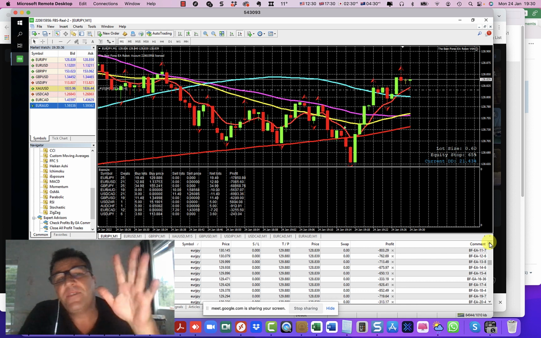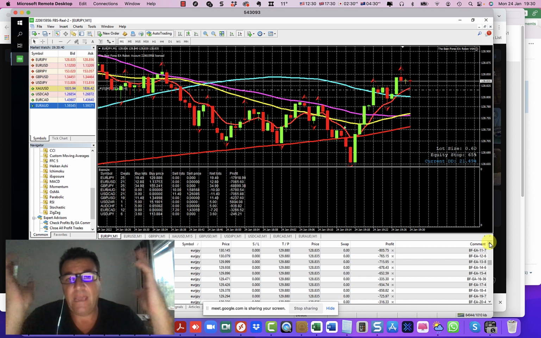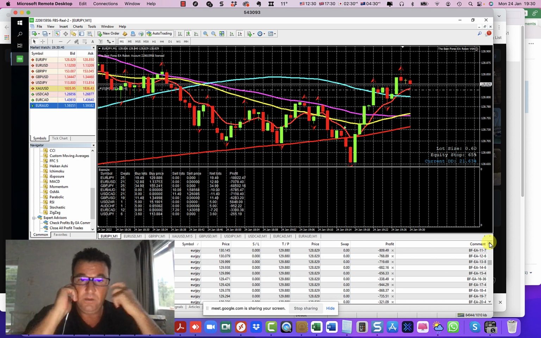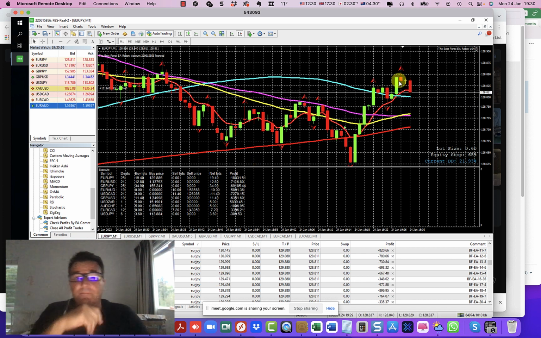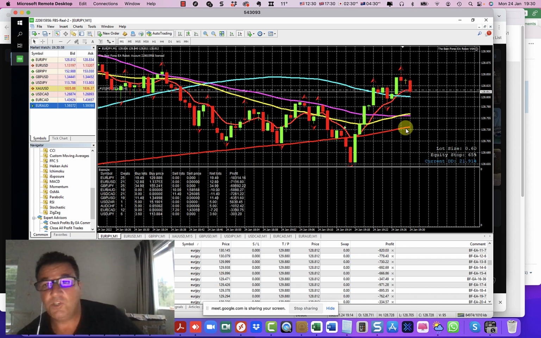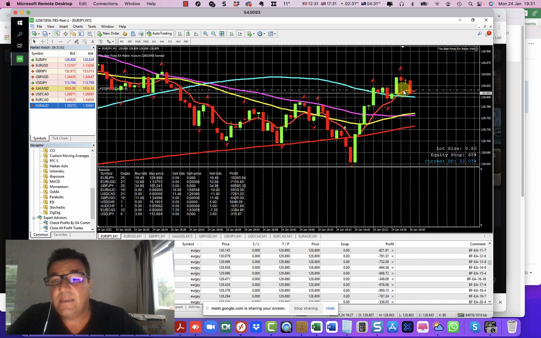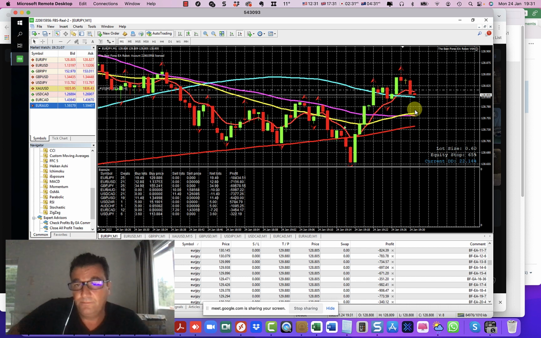Hypothetically, okay, it goes south. Let me show you a trick. How do you work out what your risk is? Let's say this is a 4-hour chart, and the second candle opens below the 8 EMA, and now you are concerned.